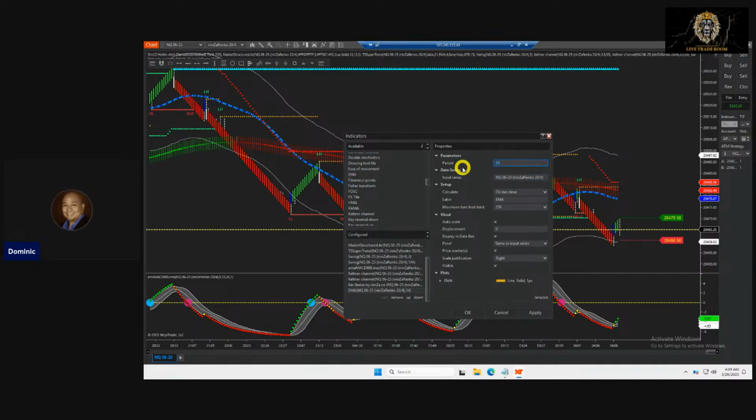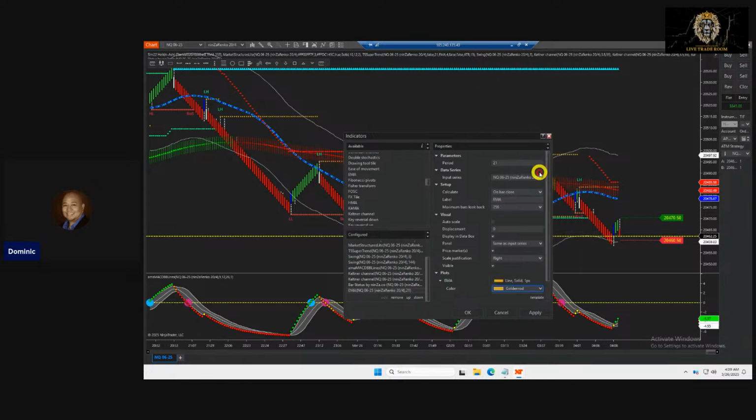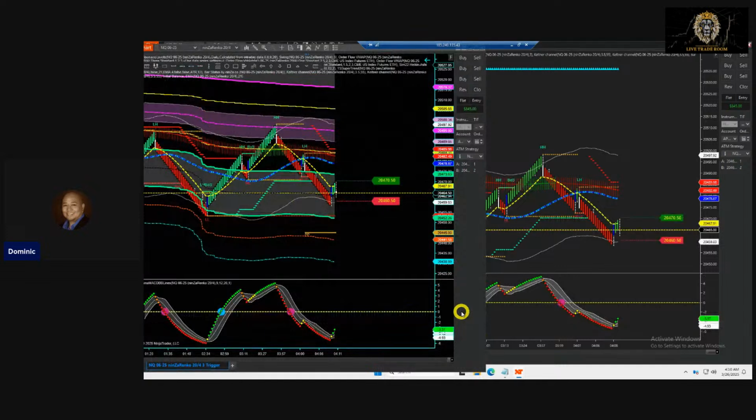Okay, this should be yellow. Solid. What is this? Dash. There. See, that's what I was looking for.